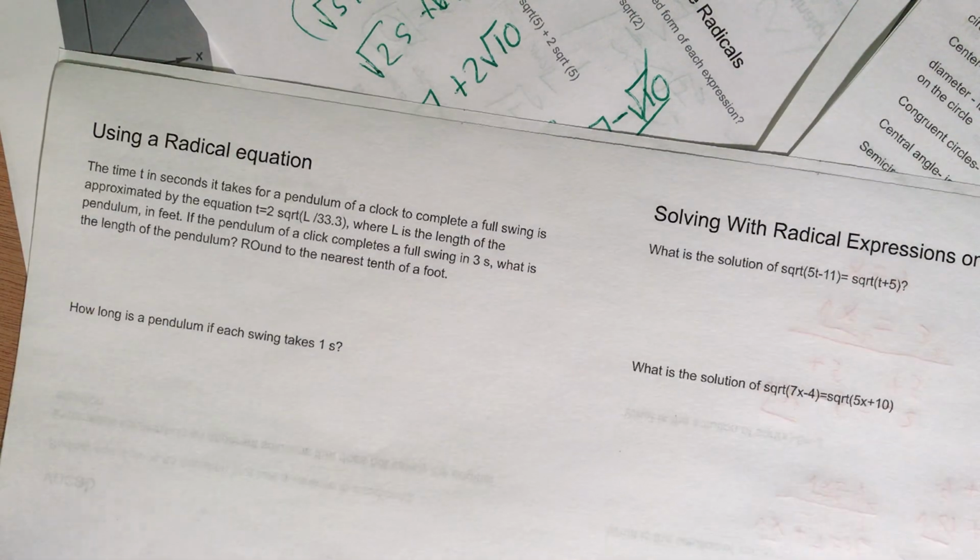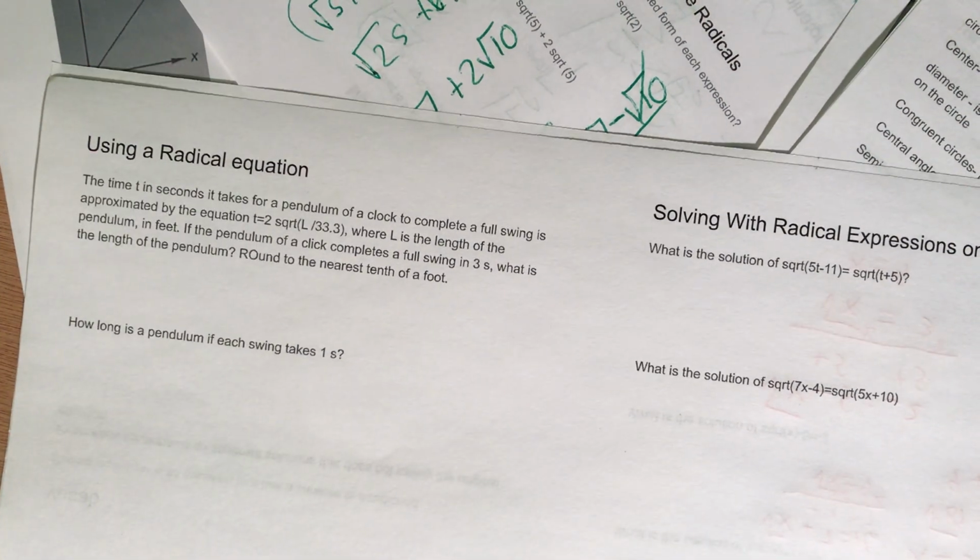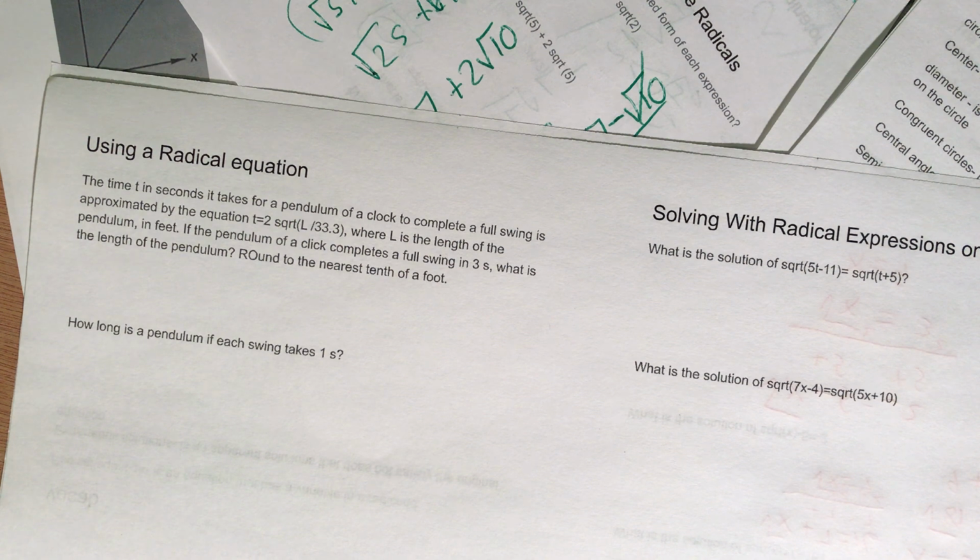We're going to start with using a radical equation. Let's read through this and then we'll see what our thought process is. The time t in seconds it takes for a pendulum of a clock to complete a swing is approximately t equals 2 square root of L divided by 3.3, where L is the length of the pendulum in feet.